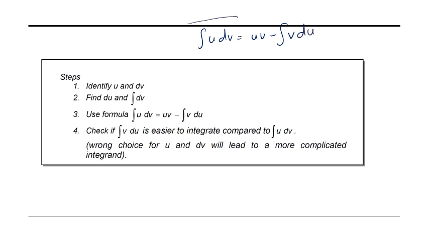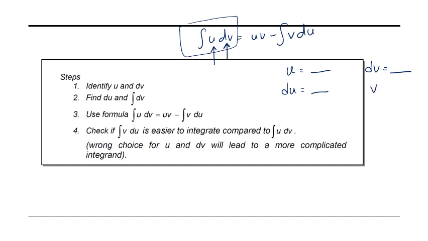This is our question, so you have to identify your u and your dv, and then find du and integrate dv. For example, you have u, what is u? And then you have dv, so what is your dv? Then you have to find du here.